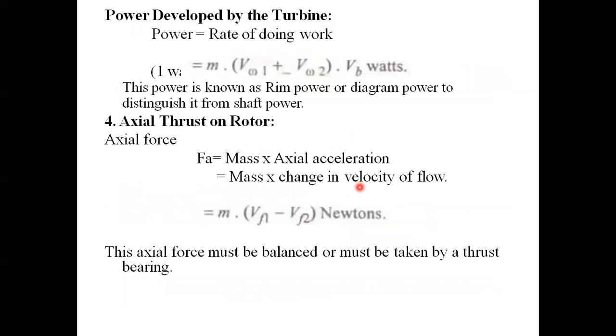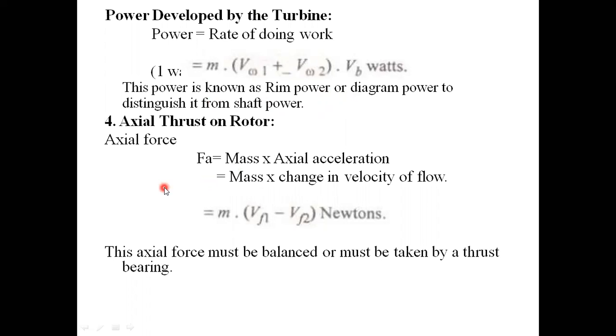So power developed by the turbine equal to rate of doing work, so mass flow rate into VW1 plus or minus VW2 into VB watts. This power is known as rim power or diagram power to distinguish it from shaft power.